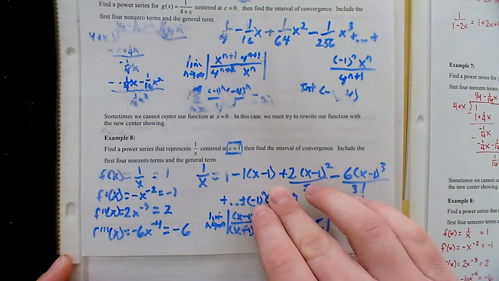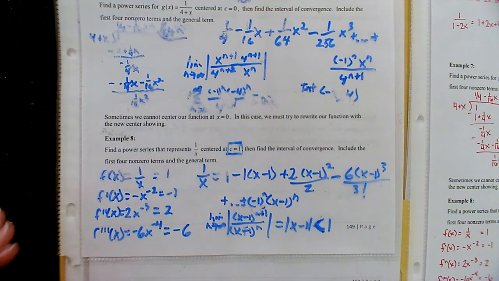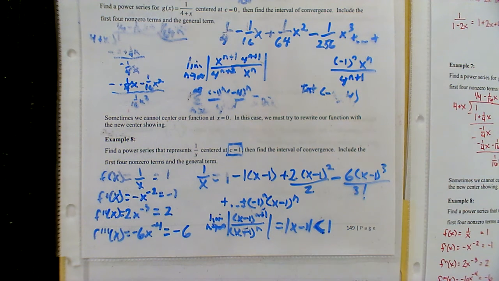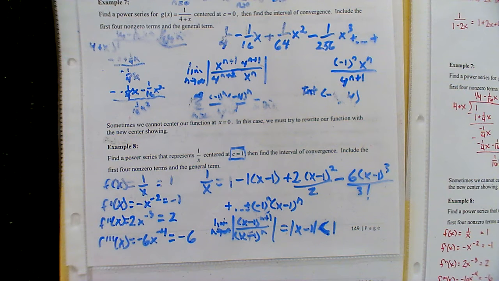If we look at all of the other problems we had done, we always got the absolute value of x less than some value. Well, our center was at 0. There was nothing attached to our x. Our center is now 1, so that minus 1 is always with the x, because that's where our center is. We're trying to find the radius that's around our center. So this radius of 1 is from our center. If you think about our center being at 1, our radius is 1, our interval is going to go from where to where? 0 to 2. So we need to check those.